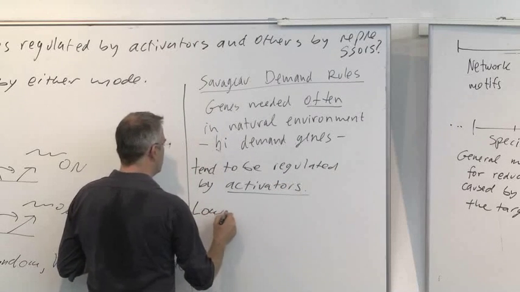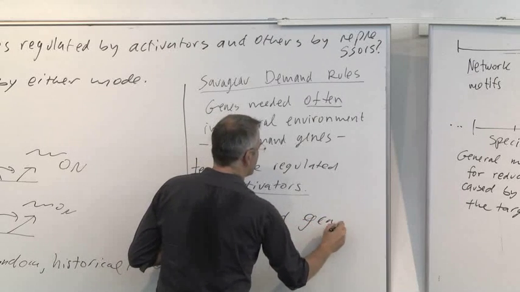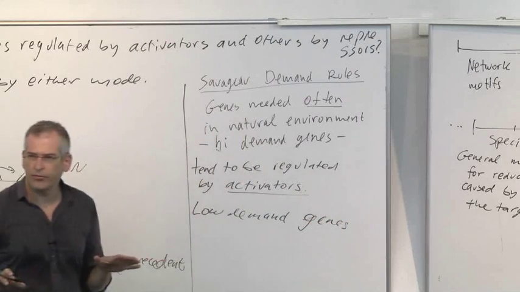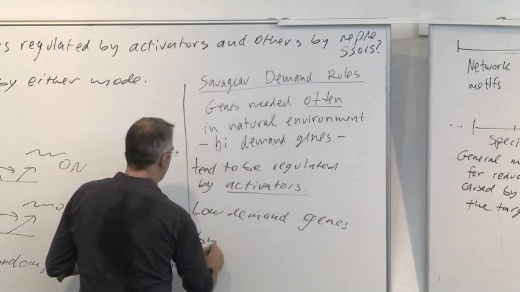Low demand genes, that is to say, genes that are regularly turned off but rarely turned on, are regulated by repressors.